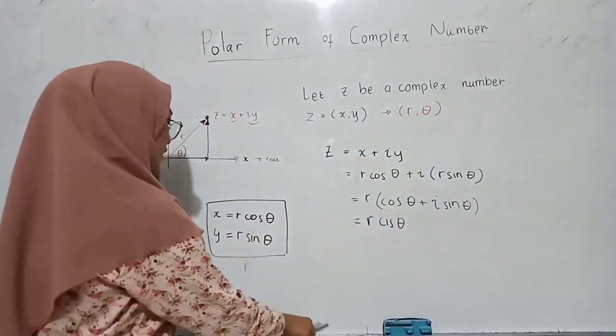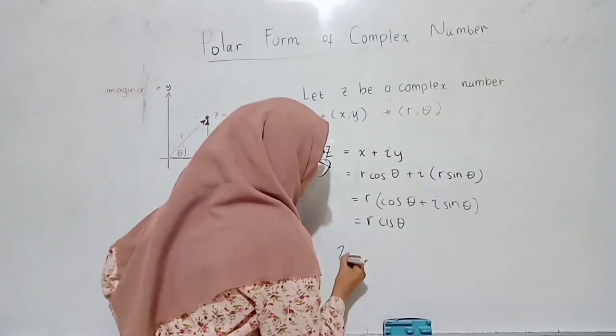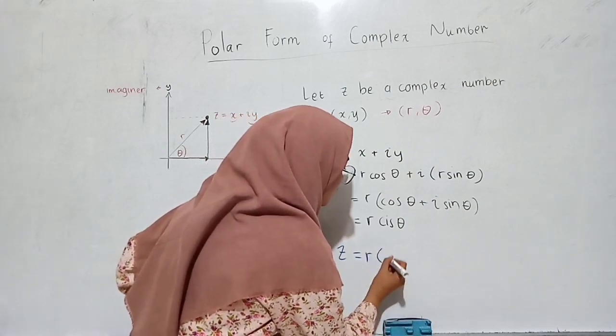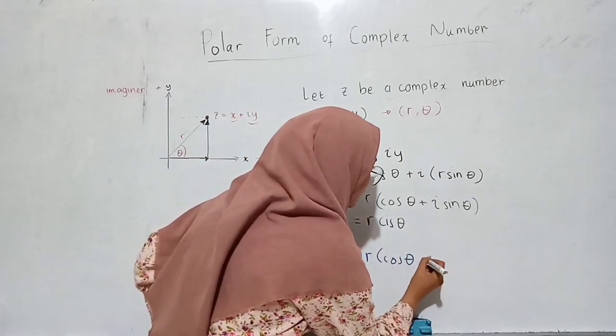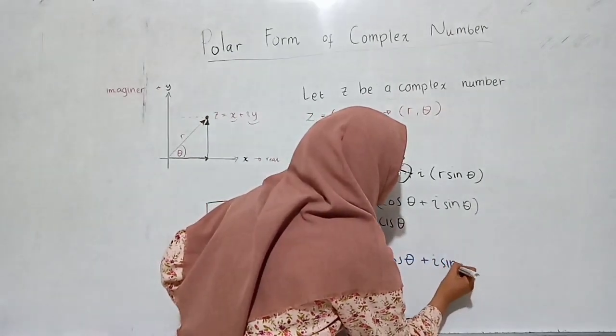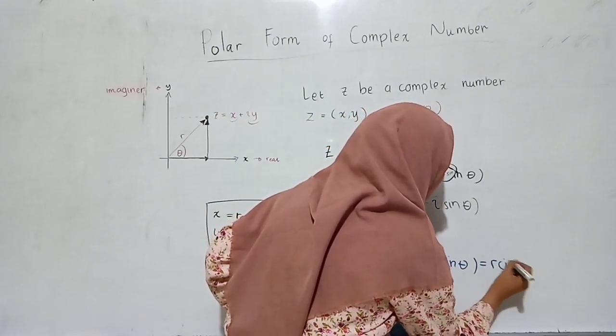So the formula for the polar form of a complex number is Z equals r cos theta plus i sin theta, equals r cis theta.